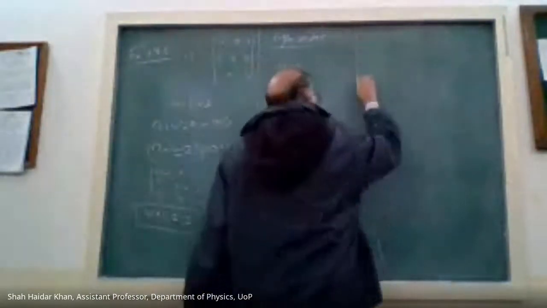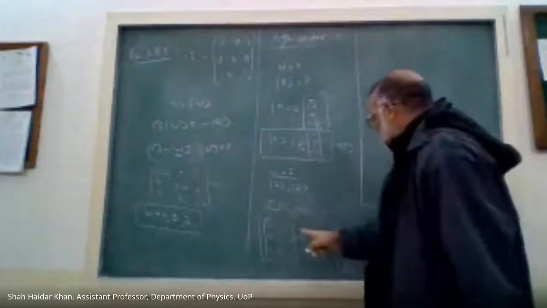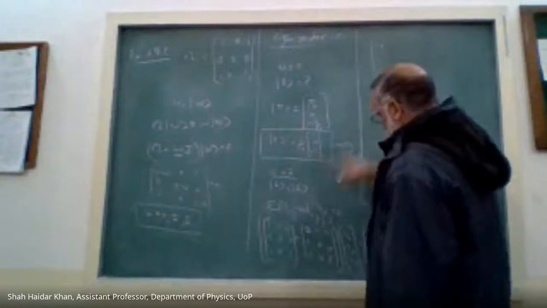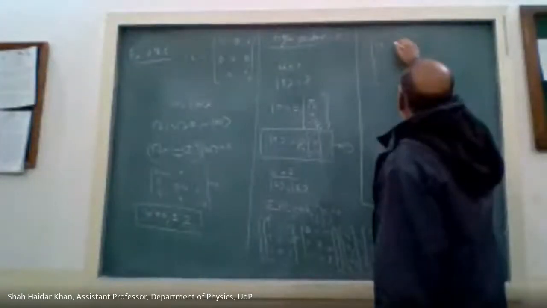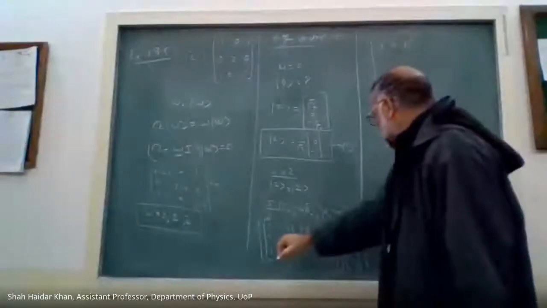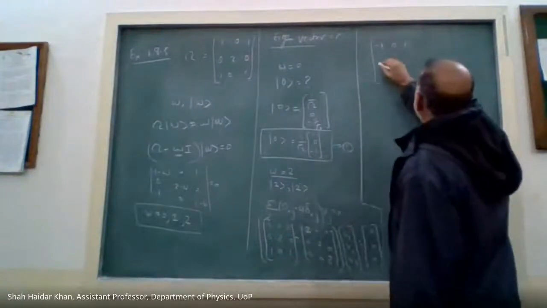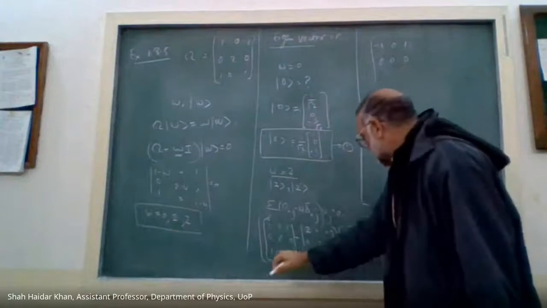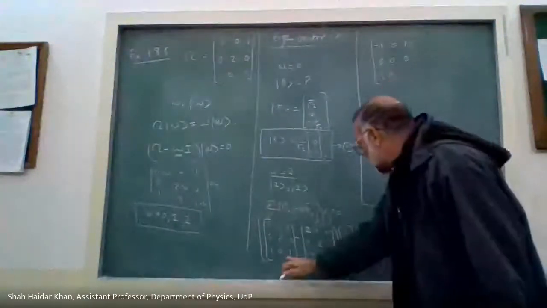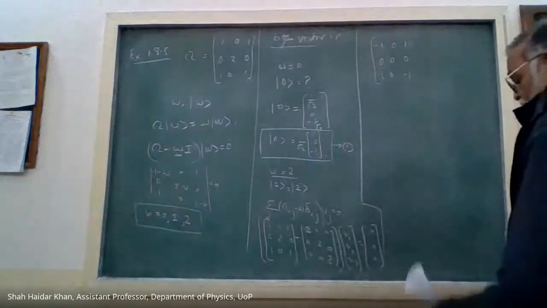So we can write this as 1 minus 2, which is minus 1, 0, 1; then 0, 0, 0, because 2 minus 2 is 0; then 1, 0, and 1 minus 2, which is minus 1. Right?